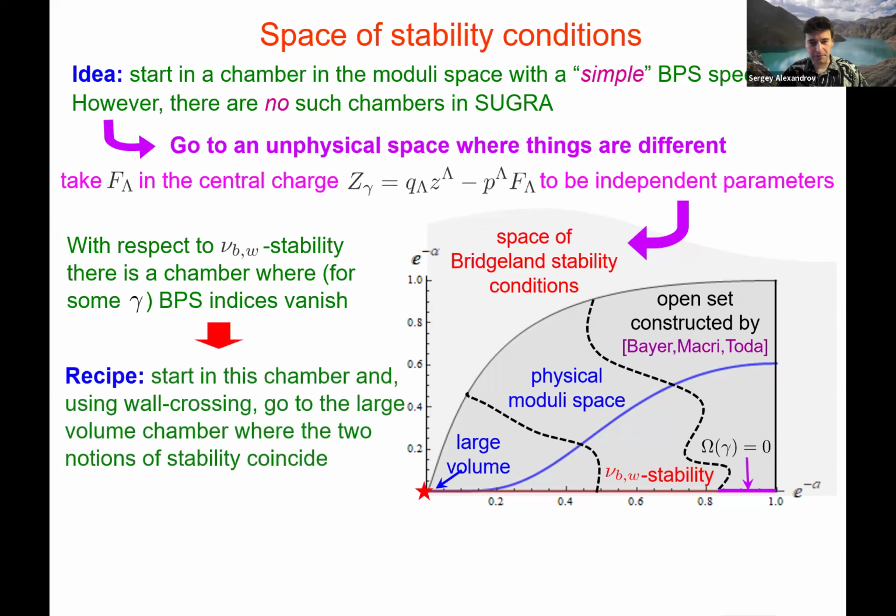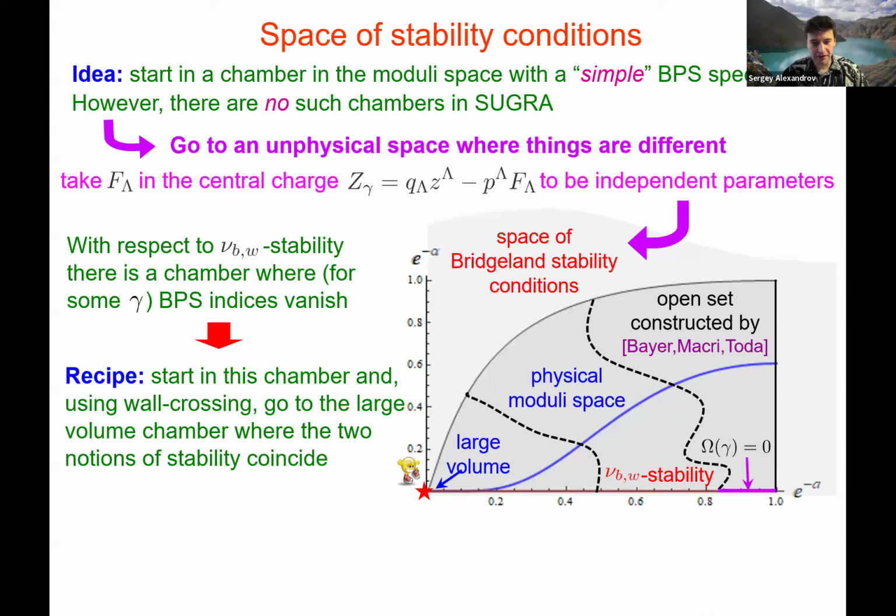And then the idea is very simple. Let's just start in this chamber of the moduli space and do wall crossing towards this large volume attractor chamber, which is somewhere here. And since in this chamber, this new BW stability is exactly the same as the physical stability, just performing the wall crossing, we will be able to find the physical BPS index which we are interested in.